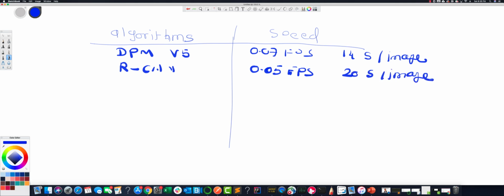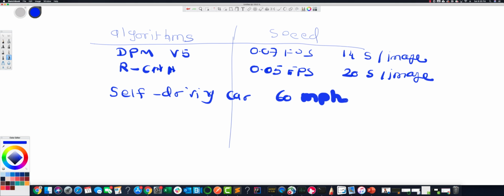So this is not good enough for a self-driving car, because a self-driving car is usually driving at a speed of 60 miles per hour on a freeway. At this speed, 14 seconds and 20 seconds to detect objects is not good enough.